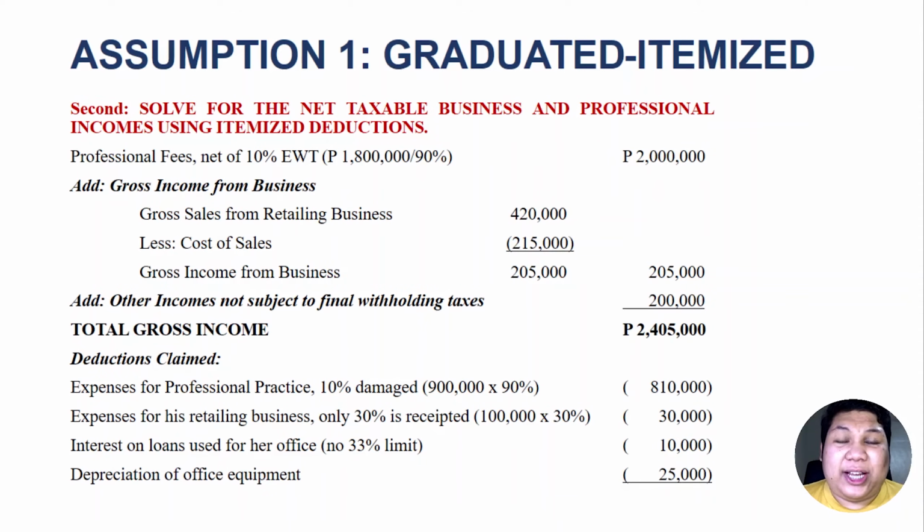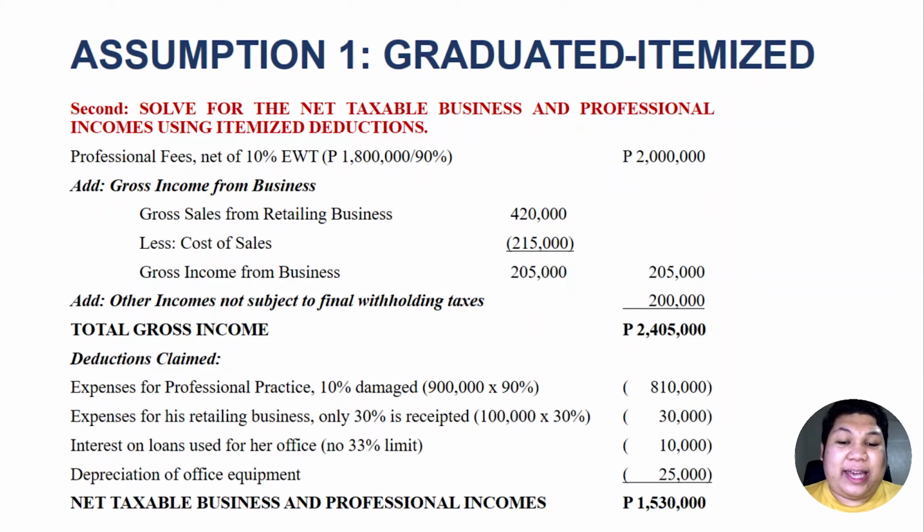So we can deduct the entire amount, the entire 10,000 pesos. We also have depreciation of office equipment, and that is 25,000 pesos. So the net taxable business and professional incomes is 1,530,000 pesos. So we have now computed the net taxable compensation income and the net taxable business and professional incomes using the itemized deduction.